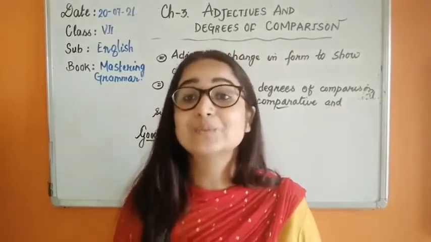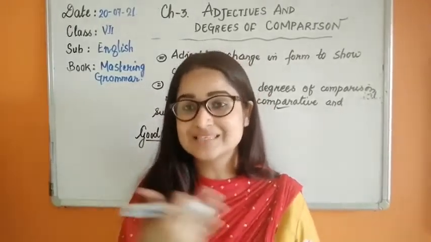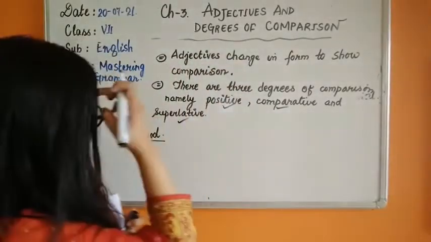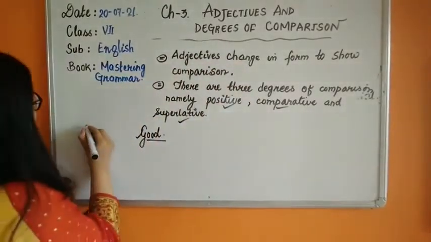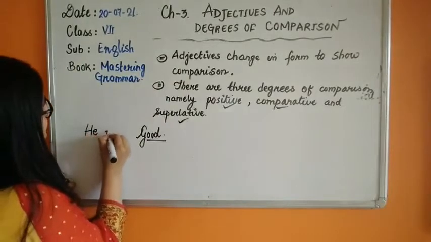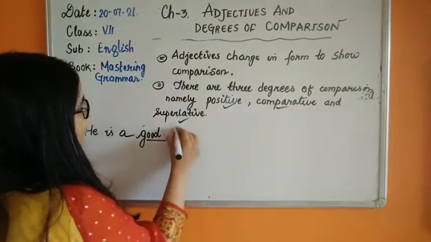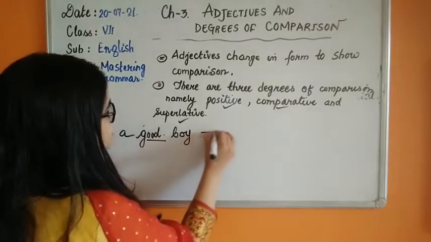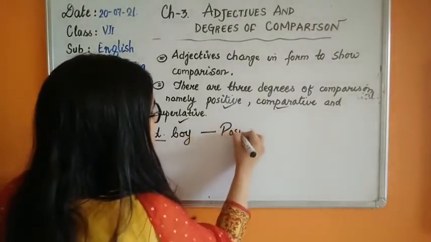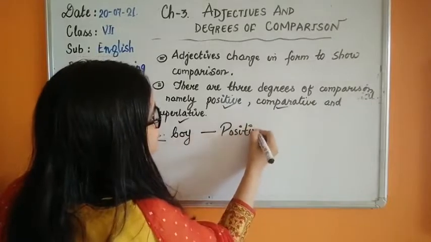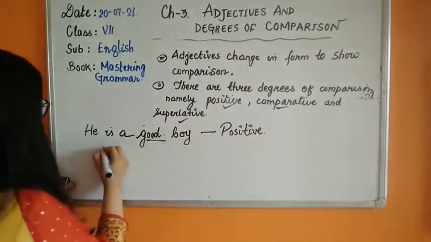But when we are comparing the goodness here, now see, I will be comparing. So if I said he is a good boy, this one is positive, right? Now let's compare his goodness to someone else.